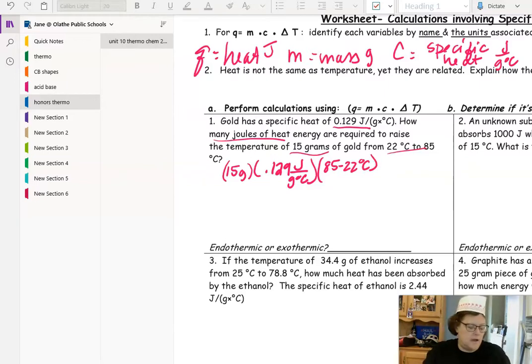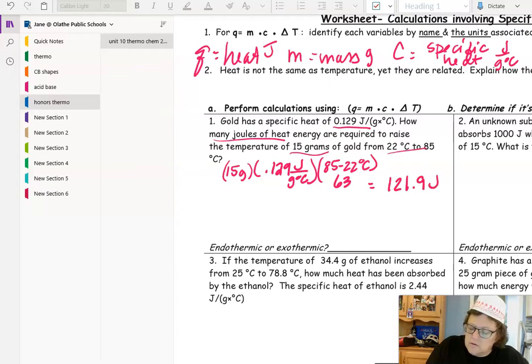So 85 minus 22 would be 63. 63 times 15 times 0.129, we get 121.9 joules. And we have 2 sig figs here, so really it'd be 120. I'm not going to worry about sig figs for this worksheet.